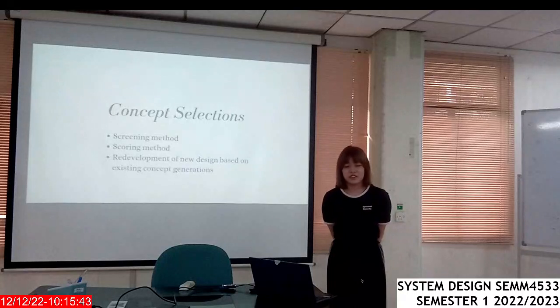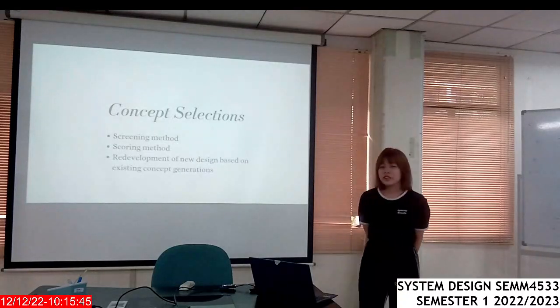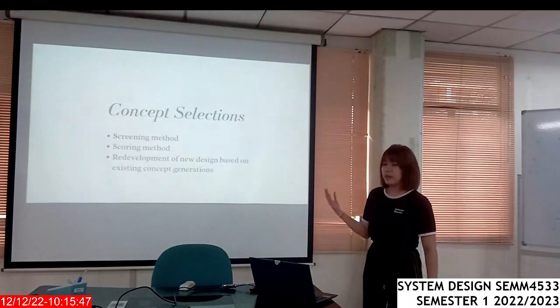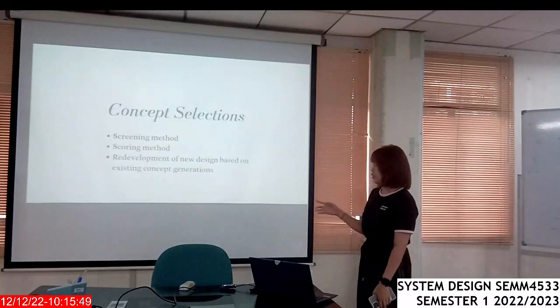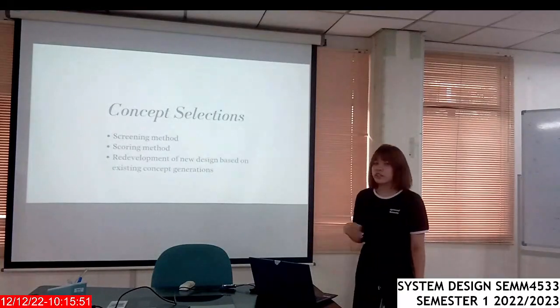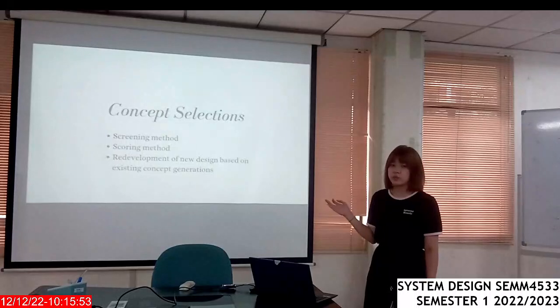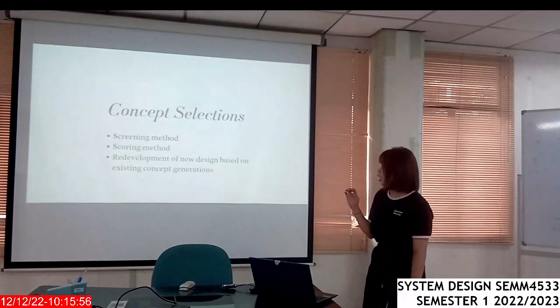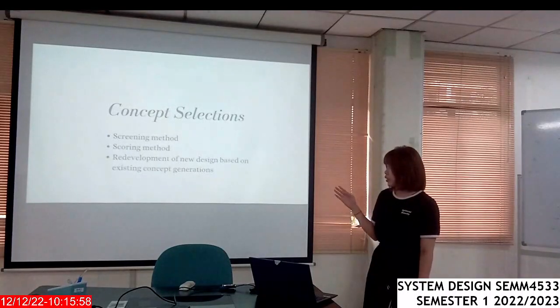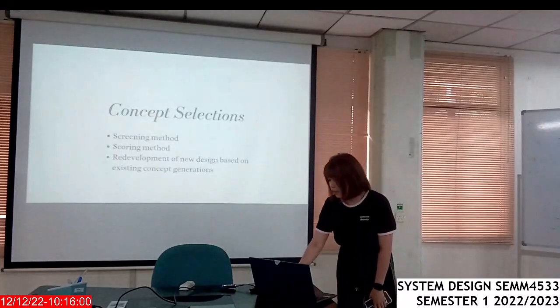Good morning, my name is XIAN. So now as you can see, we generated about 15 concepts from the concept generation. So next step we will move to the concept selection with evaluation containing the screening method, the scoring method, and also the redevelopment.